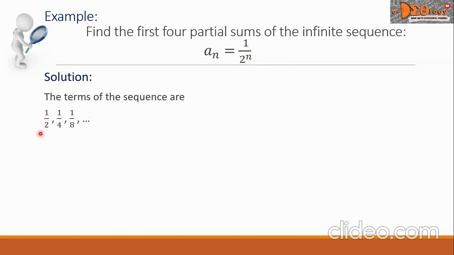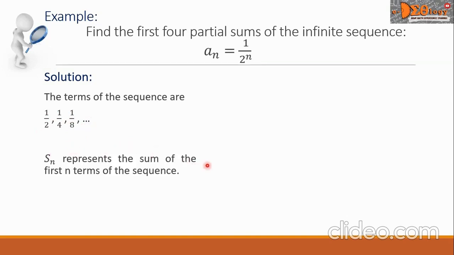These are 1/2, 1/4, 1/8, and so on. The S sub n represents the sum of the first n terms of the sequence. Let's begin with S sub 1. This is equal to the first term itself, 1/2.